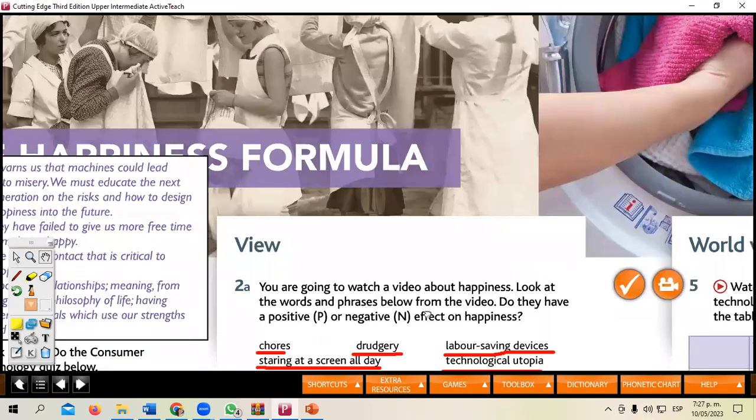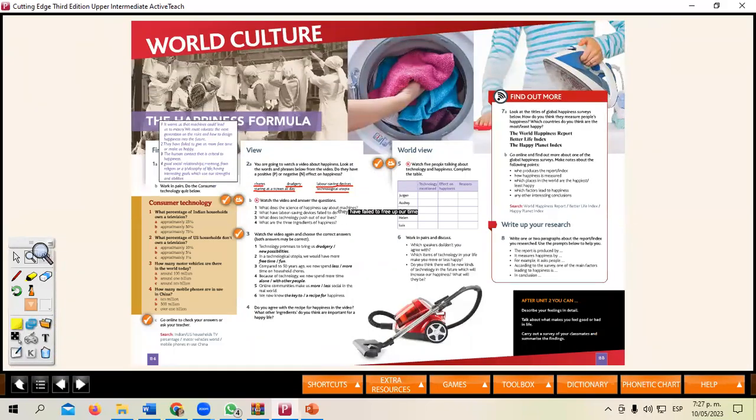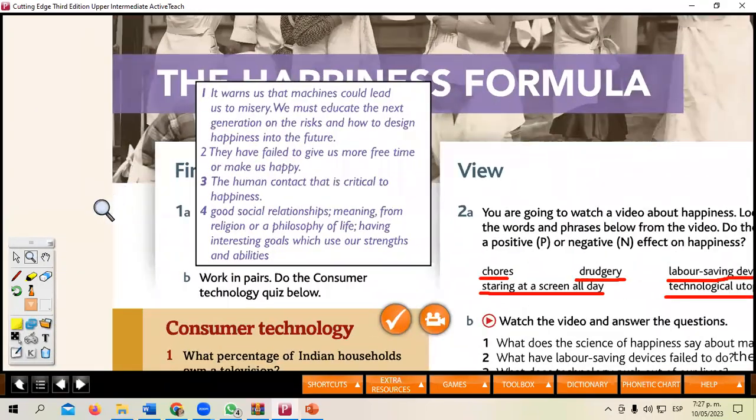Okay, so let's check the answers. Here we have them. Okay, so the first, it warns us that machines could lead us to misery. We must educate the next generation on the risks and how to design happiness into the future. Second, they have failed to give us more free time or to make us happy, as Andres and Natalia said. 3 is the human contact is important, critical for our happiness.